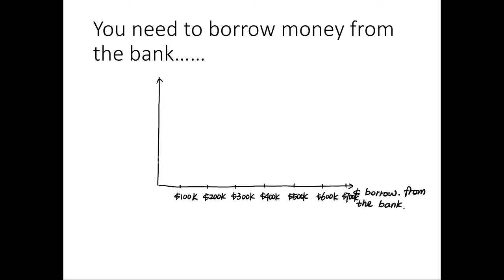Okay, and then we can use this y-axis as the interest rate that you need to pay to the bank.